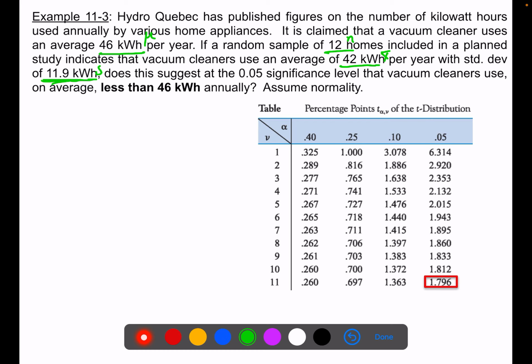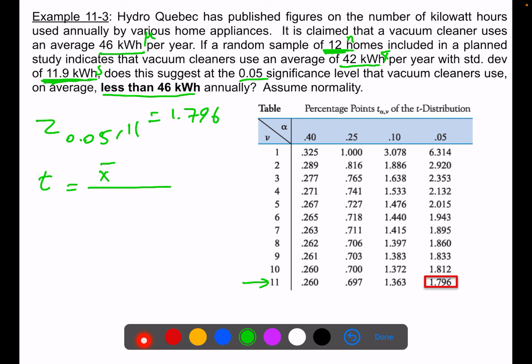And with 11 degrees of freedom, that's going to be, from the table, 1.796. So the next thing we have to do is calculate t, and our t is going to be x bar minus mu divided by s divided by square root of n.